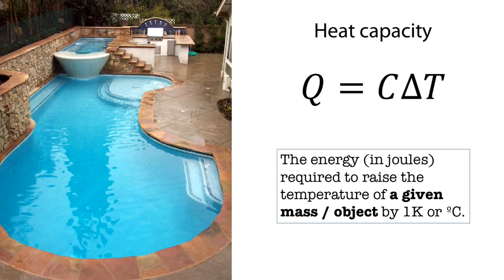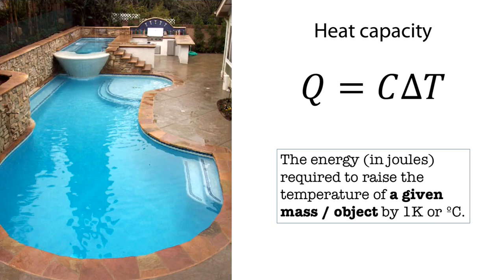So, for example, instead of talking about just 1 generic kilogram of water, we could be asking, what is the energy of this rather nice looking swimming pool? Not a very sunny day, but it's still a very nice looking pool area. So that particular mass of water will have its own heat capacity.